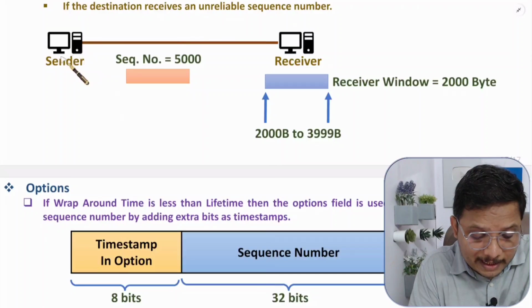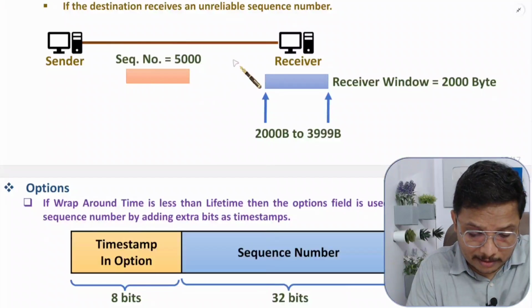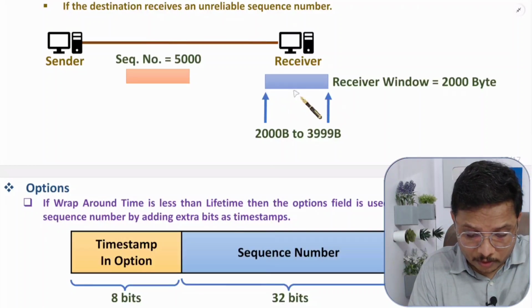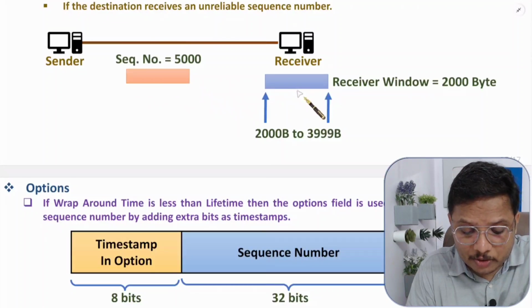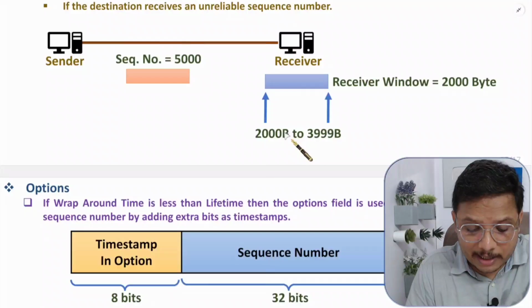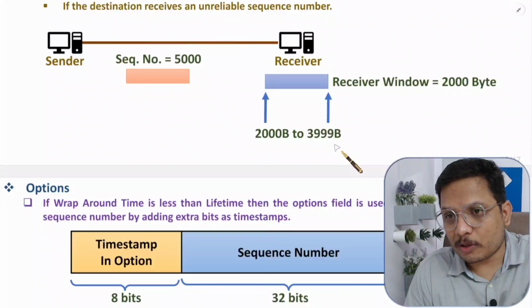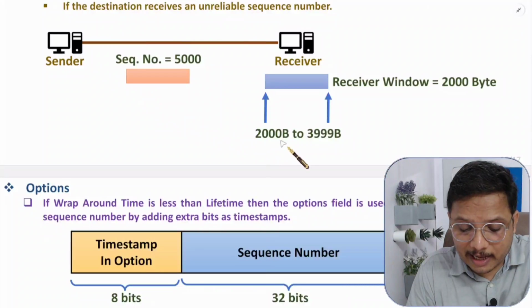But what if the sender sends sequence number 5000? When the receiver receives this sequence number, it observes that it is not possible to store it. The reason is we can have 2002 to 3999 only. You cannot receive any sequence number which is outside of this.